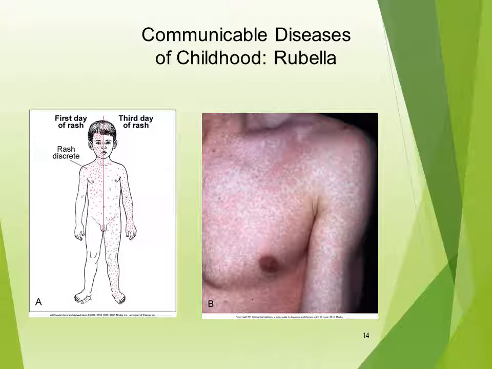I also want to remind you that rubella is extremely dangerous to pregnant women, because if they catch rubella during pregnancy, it can cause really devastating birth effects to their unborn child.